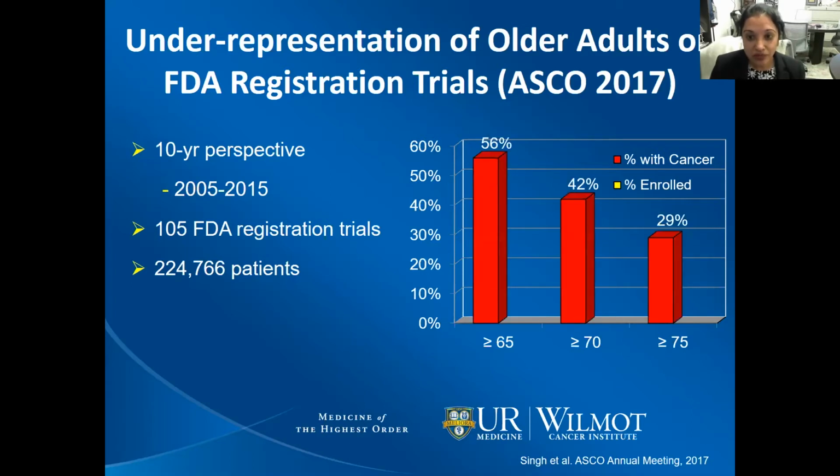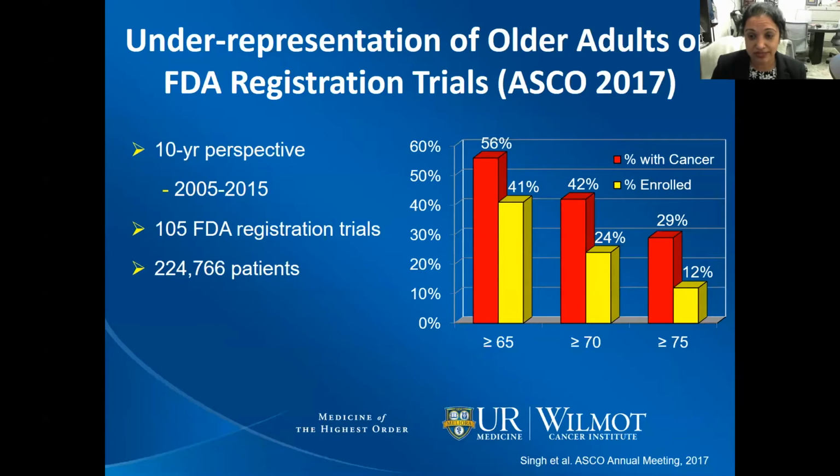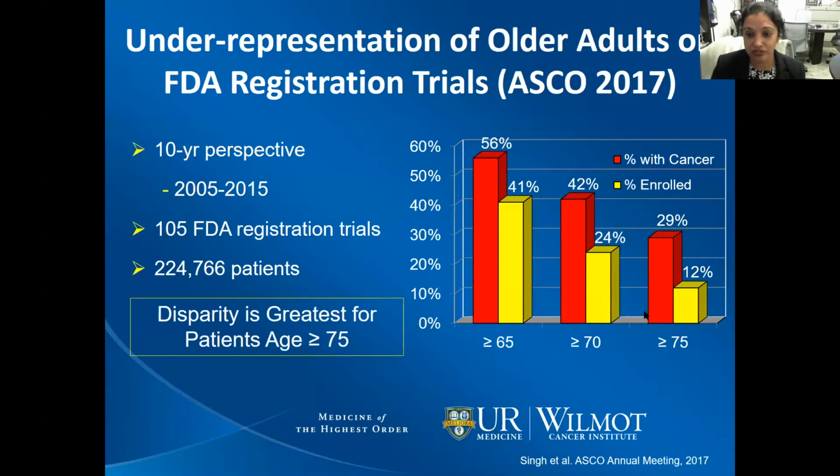While in the community the majority of patients with cancer are older, as shown by this red bar graph, the percent enrolled onto FDA registration trials is much lower, especially for those age 75 and older. And this presents significant gaps in clinical care for older adults with cancer.